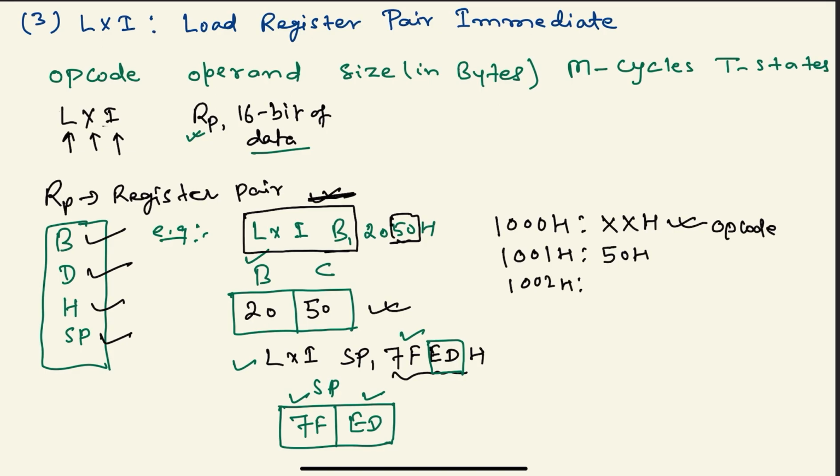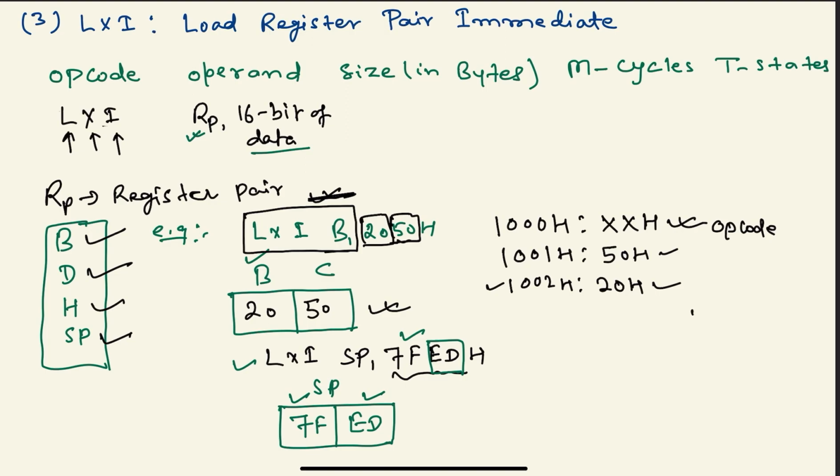This is the higher address, so it will store the higher byte, 20H. Before execution of this instruction, this code and the operands 50H and 20H must be stored in the microprocessor memory, the external memory where we store the opcode and operands, and from there, while executing, these bytes will come from memory to the processor.